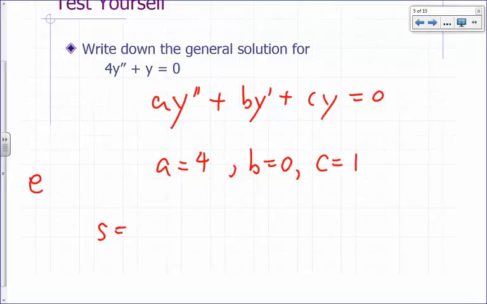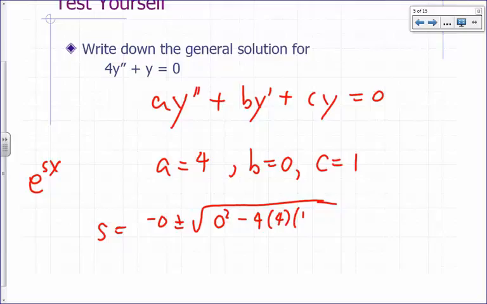So our solutions would be e to the sx, right? s would be negative 0 again, plus or minus the square root of 0 squared minus 4 times 4 times 1, that's b squared minus 4ac, over 2 times a, so 2 times 4.